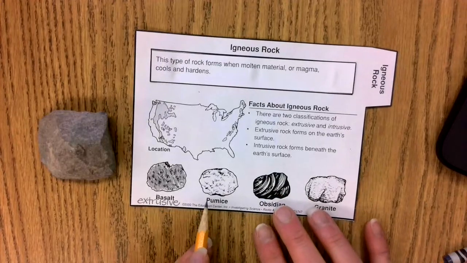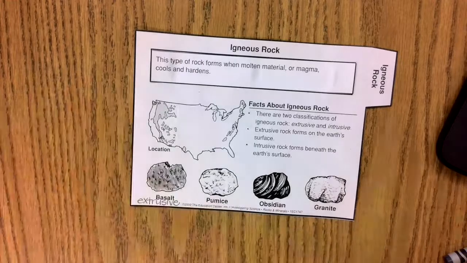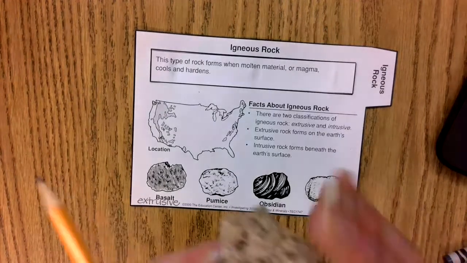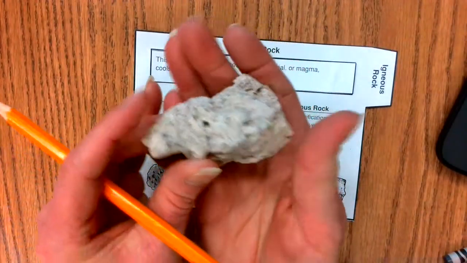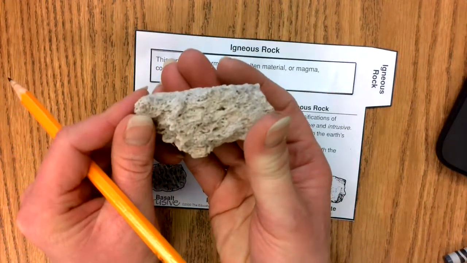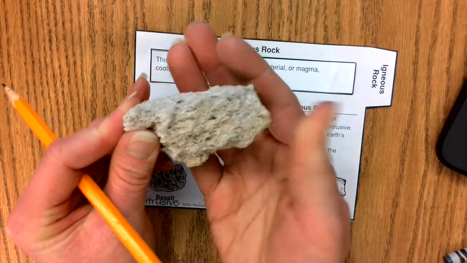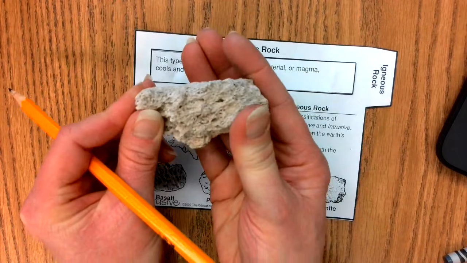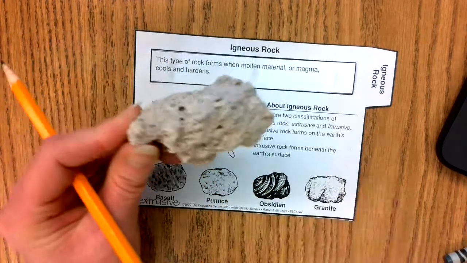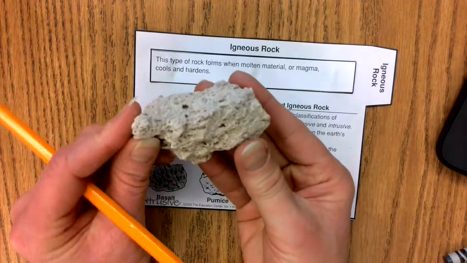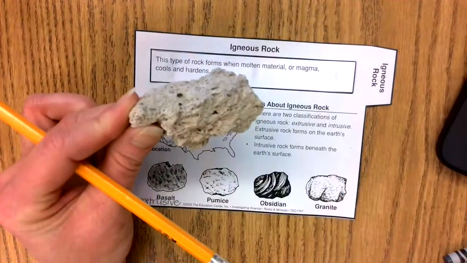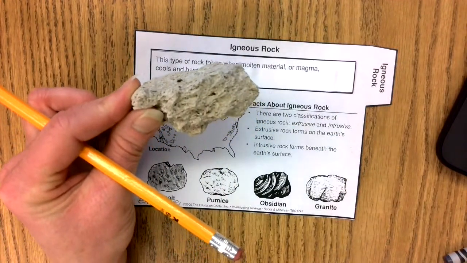Next we have pumice. And this is really a neat igneous rock because this is so light. I wish that you could feel it. It feels like a sponge and I could easily break it, which is pretty amazing. So this is pumice. Very light and it even floats. Okay.